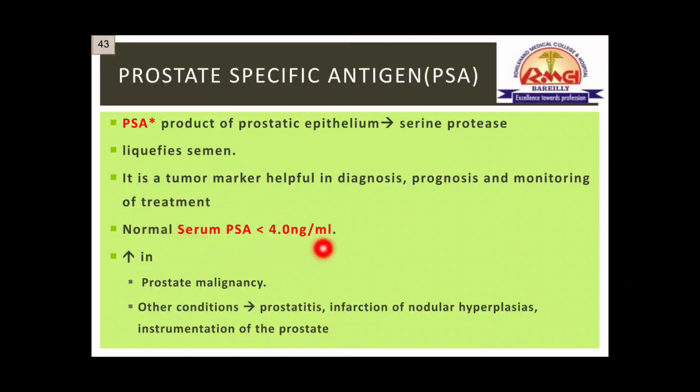The normal serum PSA levels are less than 4 nanogram per milliliter, and if they are highly raised, then we can suspect a patient of having prostatic adenocarcinoma. Although it is raised in prostatic malignancy, sometimes false positive results can be seen in certain other conditions like prostatitis, infarction, and instrumentation of the prostate. So it is not a specific marker, but it is a sensitive marker.